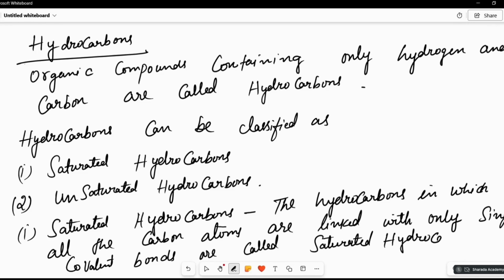And saturated hydrocarbons are stable in nature. That is, breaking a single bond is difficult because it is stable in nature.